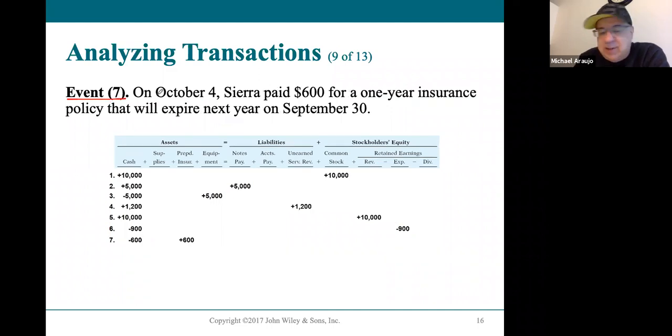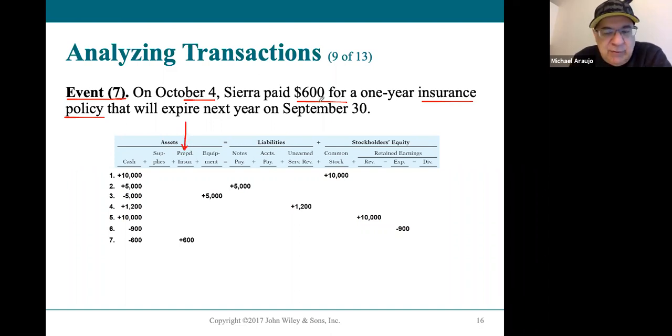The next event, and if you're keeping with us, we're already all the way on page 97. The next event happened on October the 4th, okay? And Sierra Corporation paid $600 for a 1-year insurance policy. Okay, so when you buy insurance, you don't use it up the same day you buy it.